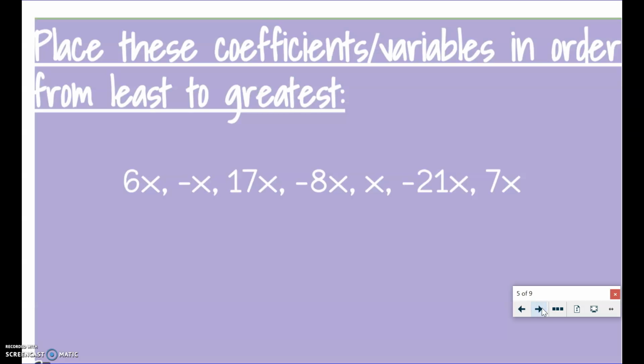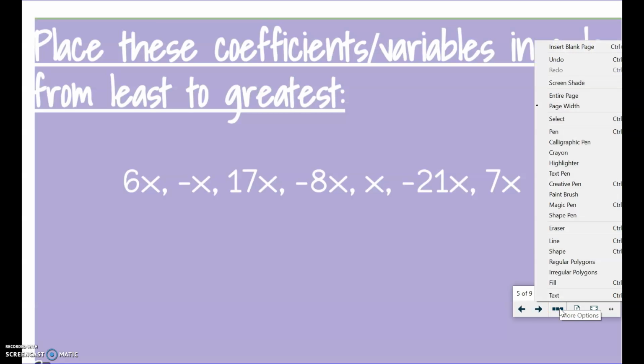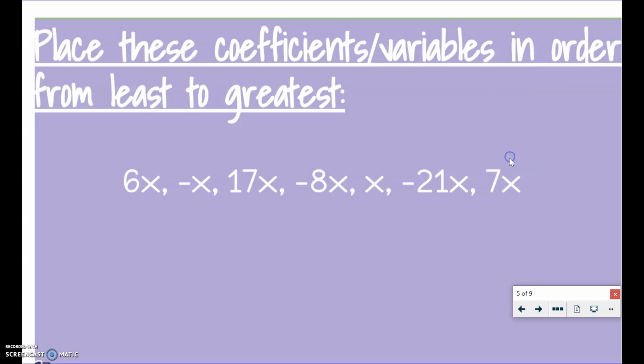But before we get started there, let's go ahead and order these coefficients or variables from least to greatest. Remember, the further away a number is from zero on the negative infinity end, the smaller that number is. So our smallest number here would actually be negative 21x.